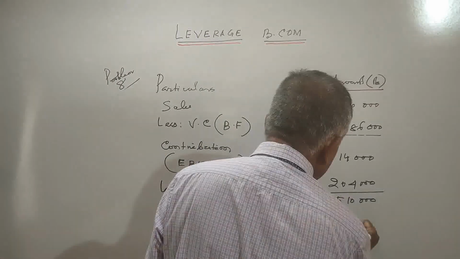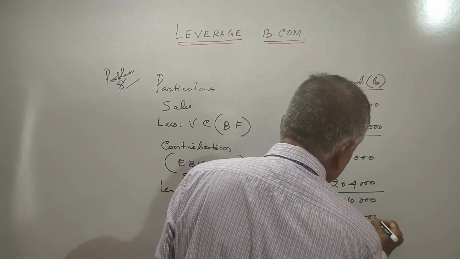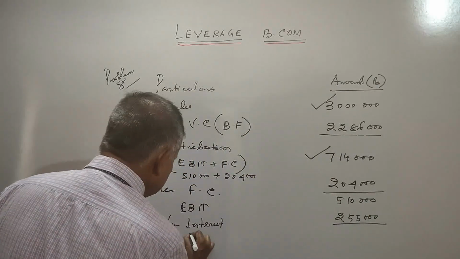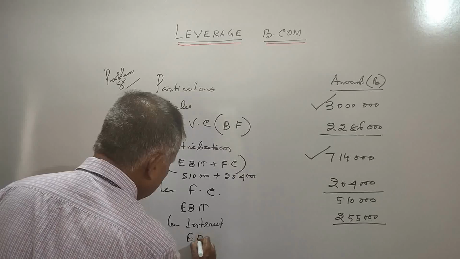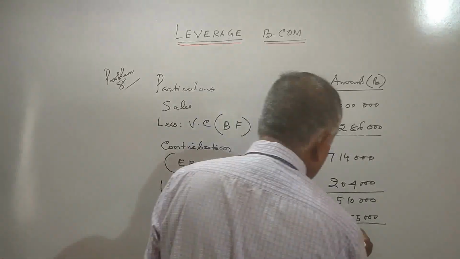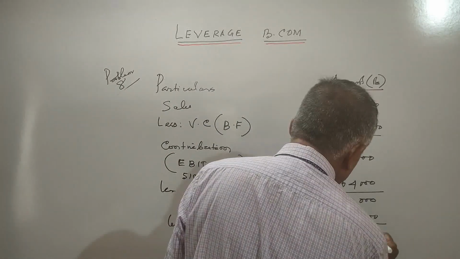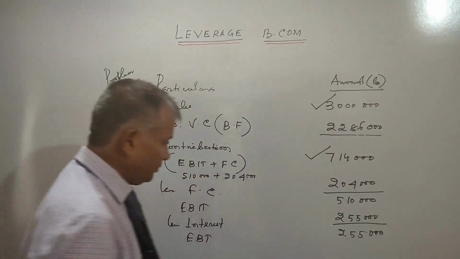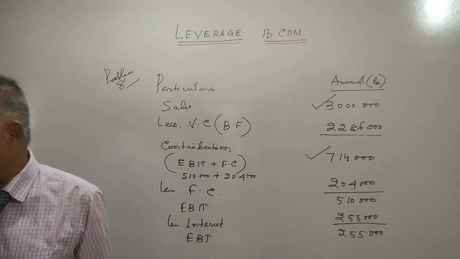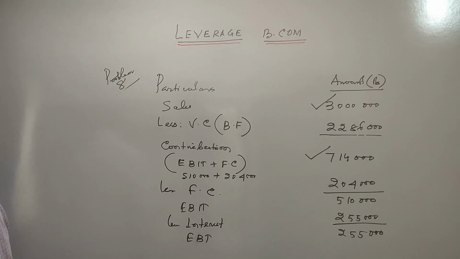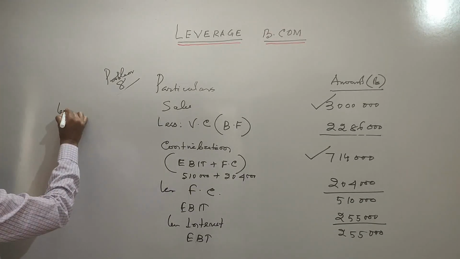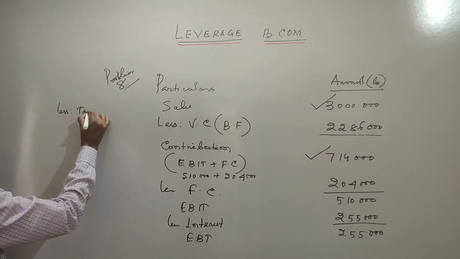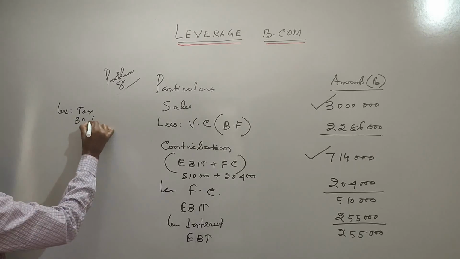Interest is 2,55,000 and this is your EBT, 2,55,000. So EBT is your 2,55,000.